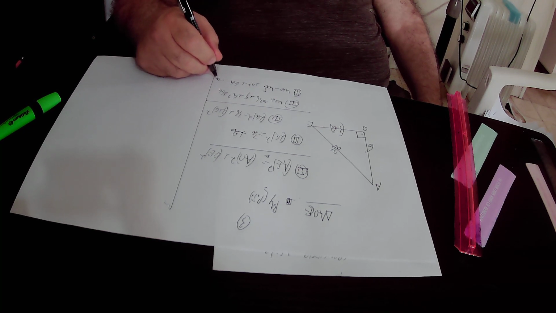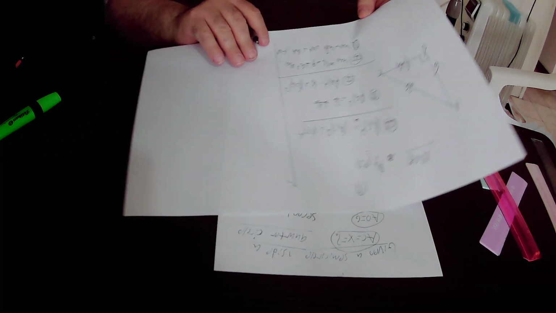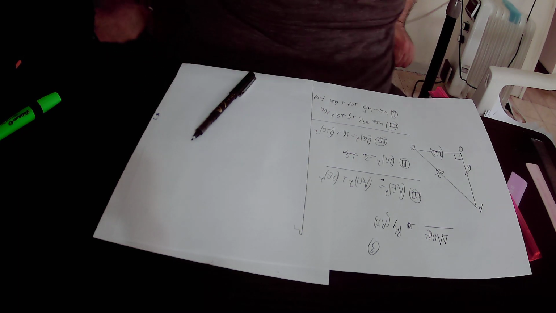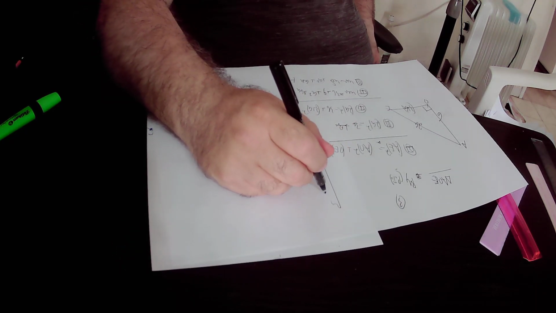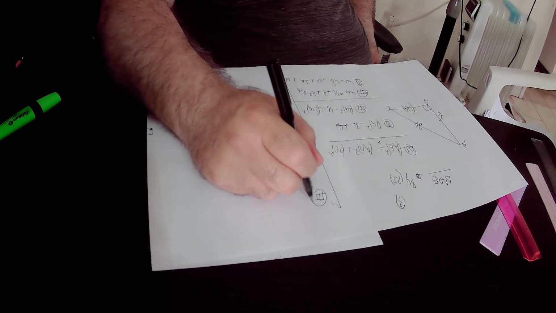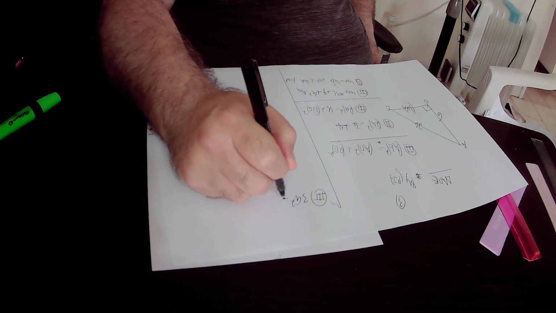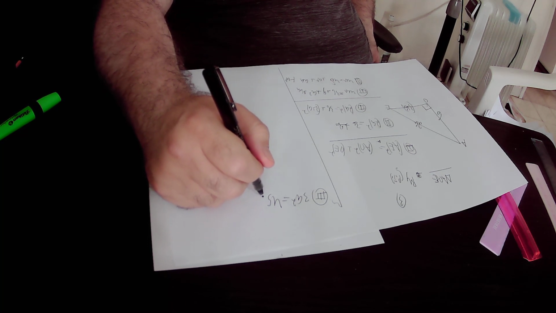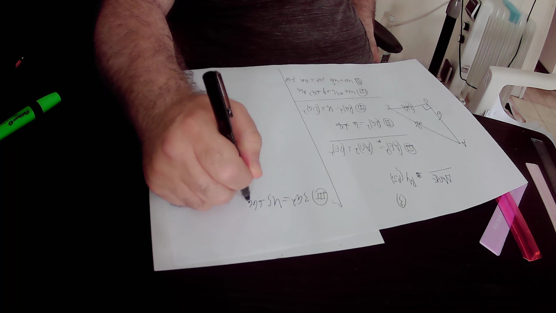We subtract A squared from this equation number 3, and we get that 4A squared minus A squared is 3A squared, and it is equal to 45, A squared minus A squared is 0, plus 6A.